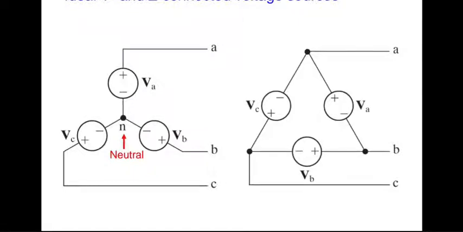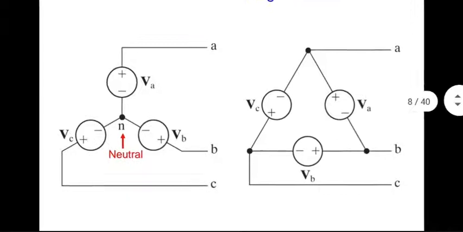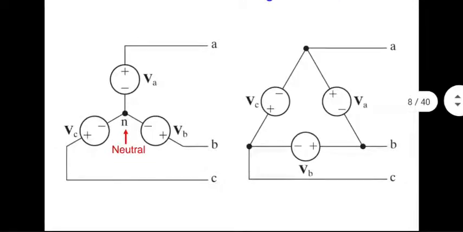Right? But in star case, if 2 generators fail, well, you have a nice day. That's it. Nothing can be done then. Because if 2 generators are broken, then the entire path is gone. Okay. Maybe, yeah, even then I can see if VA and VB are broken, VC along with neutral can still supply some power.